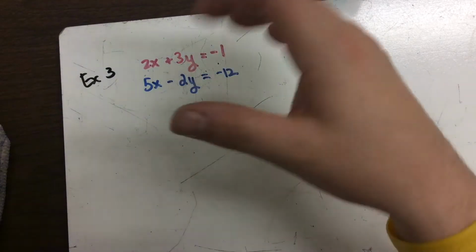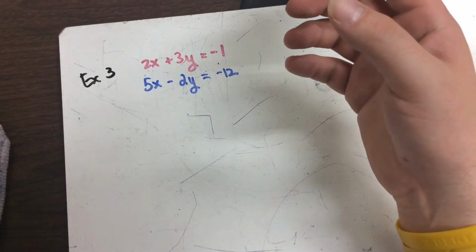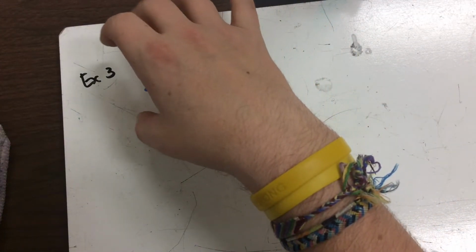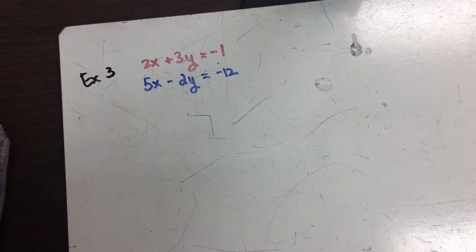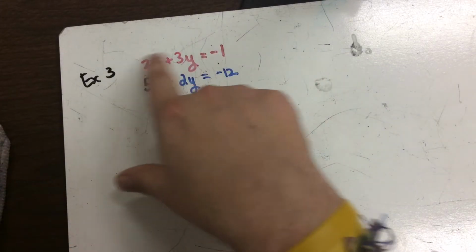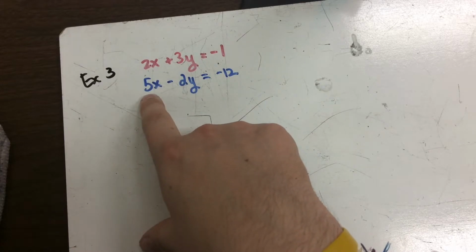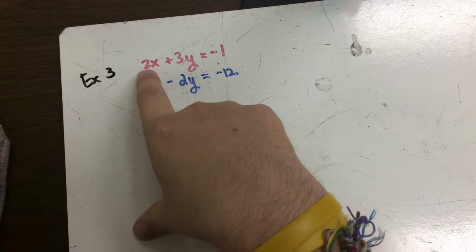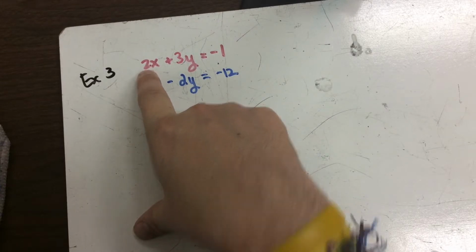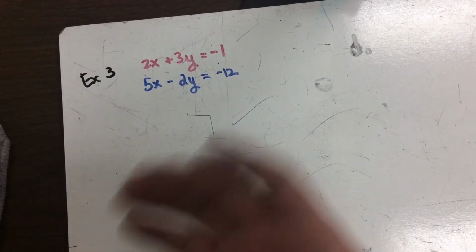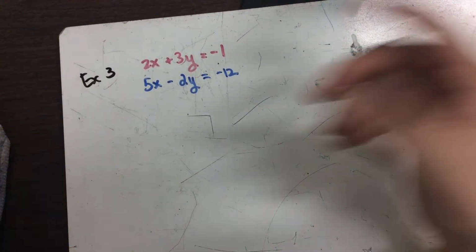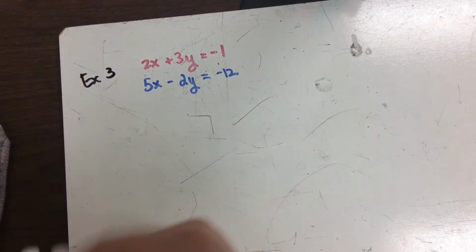I've got to think of a number. Think of a number that both 5 and 2 will divide. The easiest way to do this is actually to multiply the top by the bottom number of x and multiply the bottom by the top number of the pink equation. What I'm really trying to get at is that 10 is the number that both 5 and 2 share.